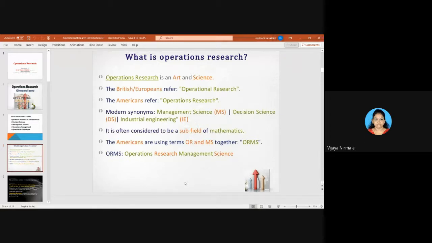So operations research is a mathematical technique; you are trying to solve the problem with the help of mathematical techniques, right?